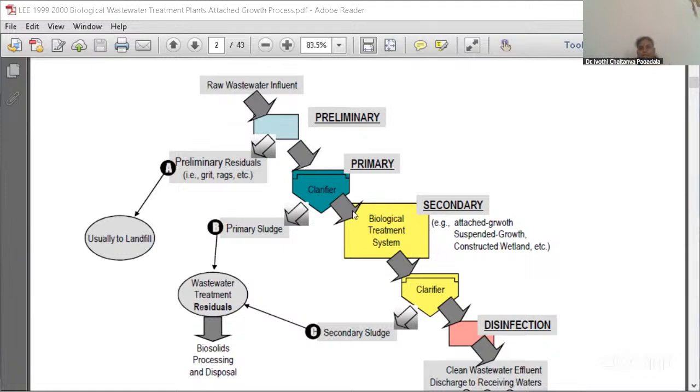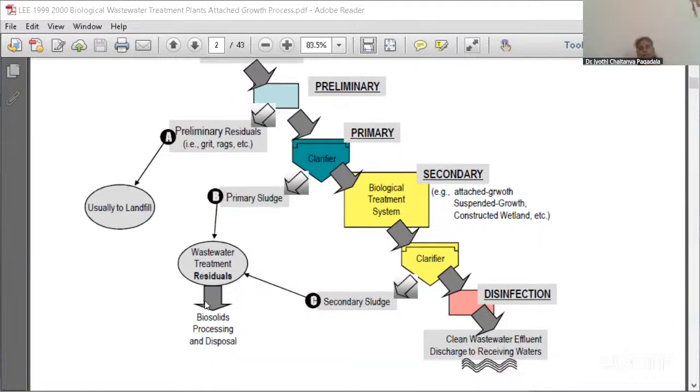This is primary, and the primary residual moves to the landfill. In the primary clarifier, the primary sludge moves to wastewater treatment residual, that is a biosolid process and disposable.